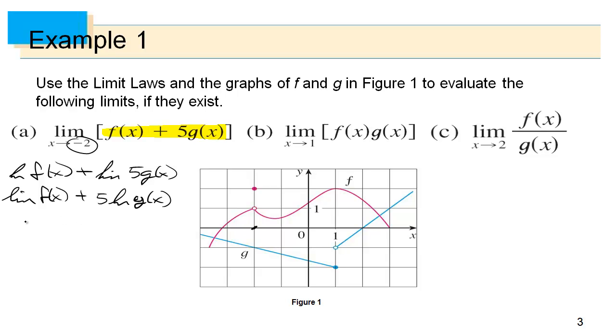So this is simply 1 plus 5 times negative 1, or 1 minus 5, or negative 4. It's that simple. And the rest would be exactly the same way, except at different places.